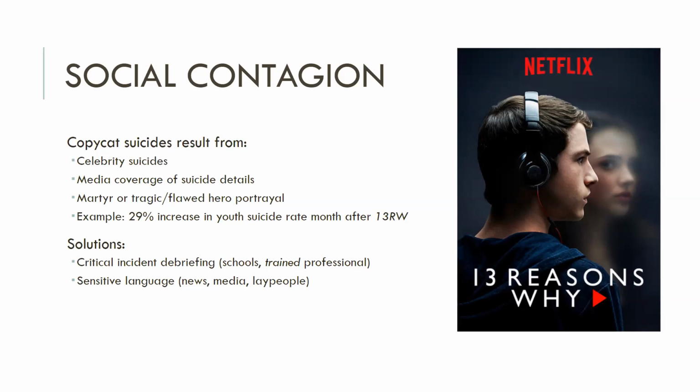Copycat suicides can result from community suicides, which include things like celebrity suicides, media coverage of suicide details, portrayals of the deceased as a martyr or tragic, flawed hero, can encourage folks who are feeling similarly to go with an urge in the hopes of being portrayed similarly.